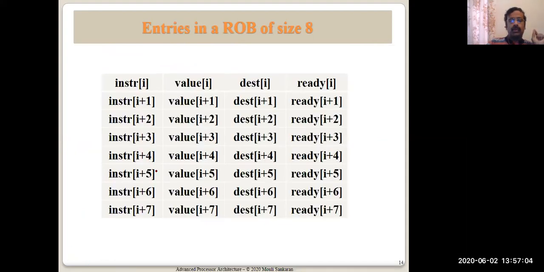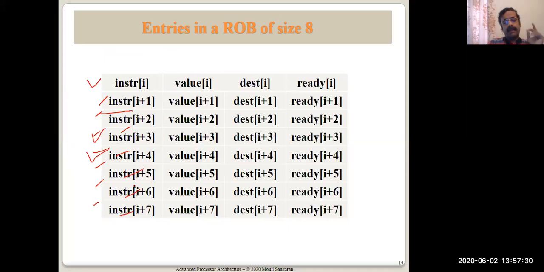Okay, let me show you now. Instruction I is here, I plus 1 is here, I plus 2, I plus 3, I plus 4, I plus 5, I plus 6. So these instructions have come in. Maybe one is an adder, one is multiply, one is divider operation, one is load, one is store. They are all in different stages of execution, or maybe this is completed, this is completed, this is still pending.